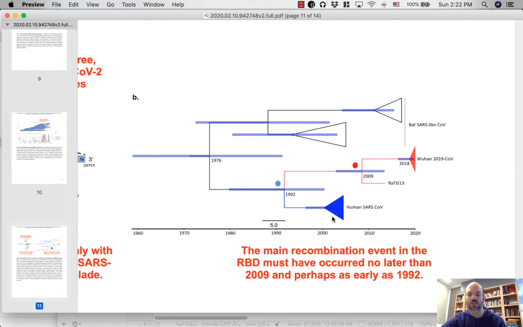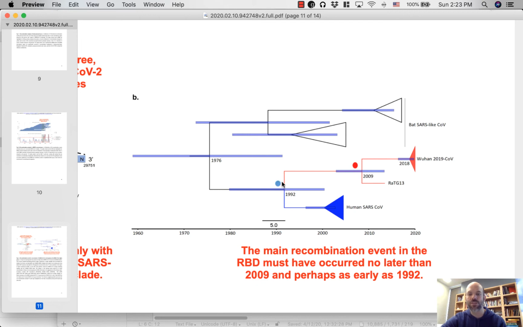So using the known dates of the first human SARS outbreak and the current human SARS outbreak, and some other molecular clock type of calibrations and extrapolations and interpolations, they estimate that the recombination events that led to the evolution of the current human coronavirus had to have occurred no later than 2009, which is when they predict the current human coronavirus diverged from its bat ancestor, and could have occurred as long ago as 1992, which is when they predict the first human coronavirus diverged from its bat ancestor.